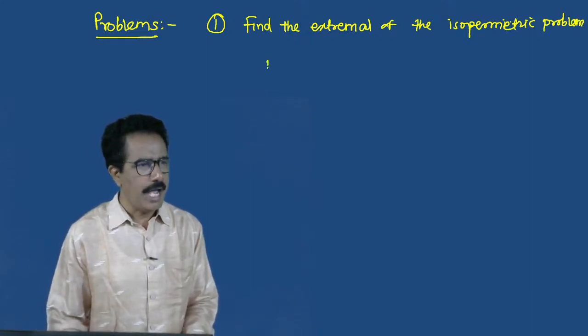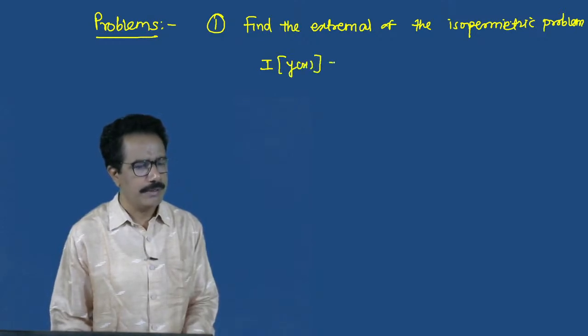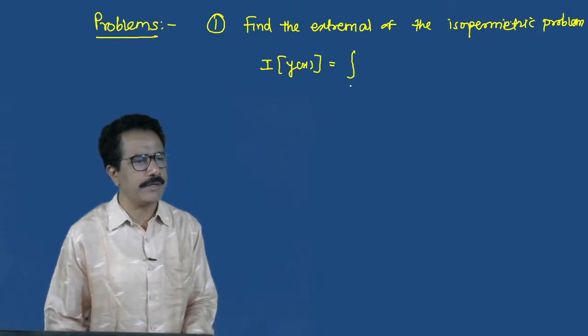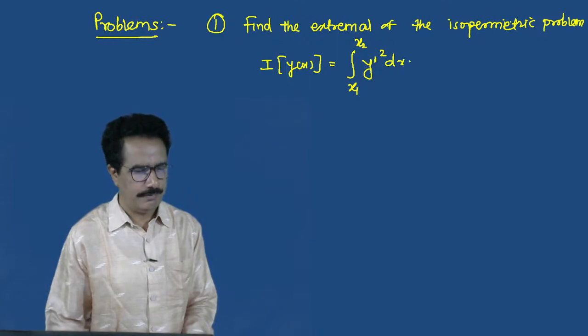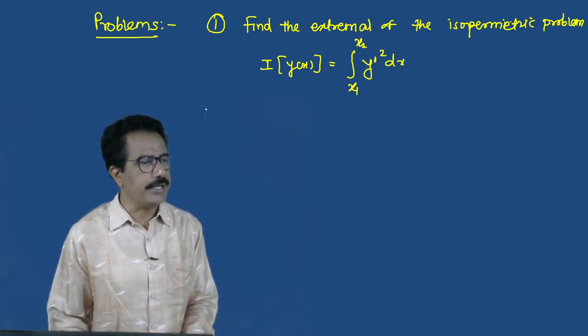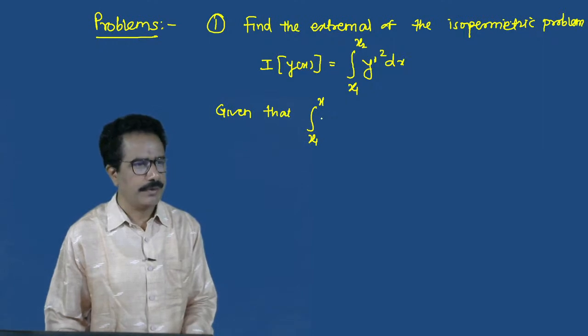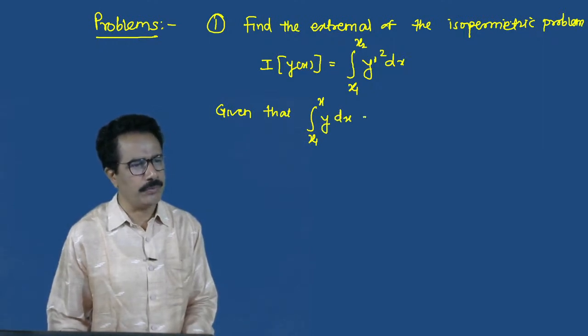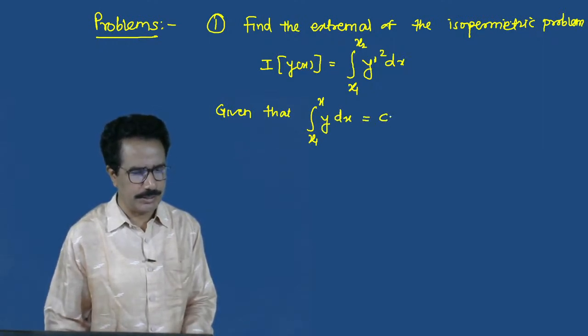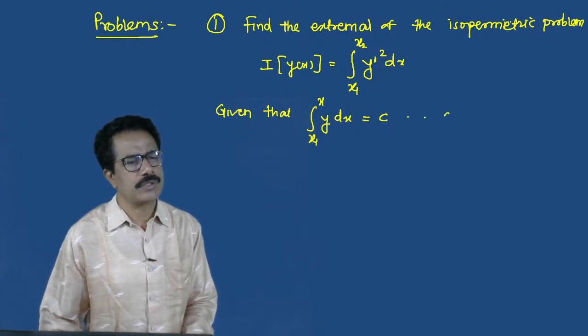Problem: I equals I of y of x, which is equal to the integral from x1 to x2 of y dash square dx, and given that the integral from x1 to x2 of y dx is equal to a constant c.